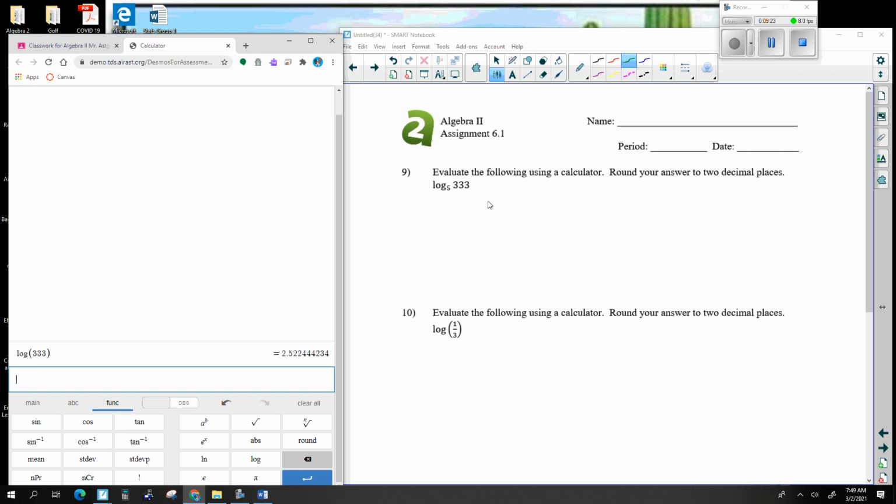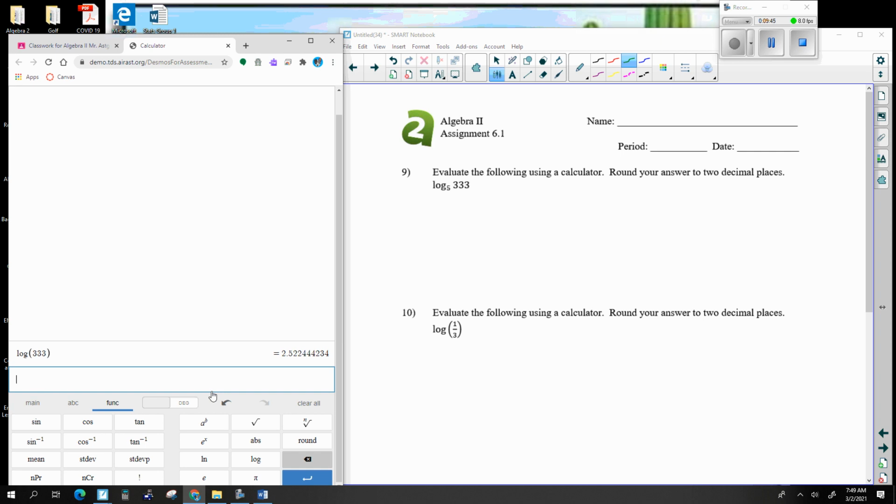And so these answers are going to be different. So how do I write like a log base 5 of 333 instead of just log 333? Because again, when you hit the log button in your calculator, it just throws in just a basic log and you're not able to change that base.